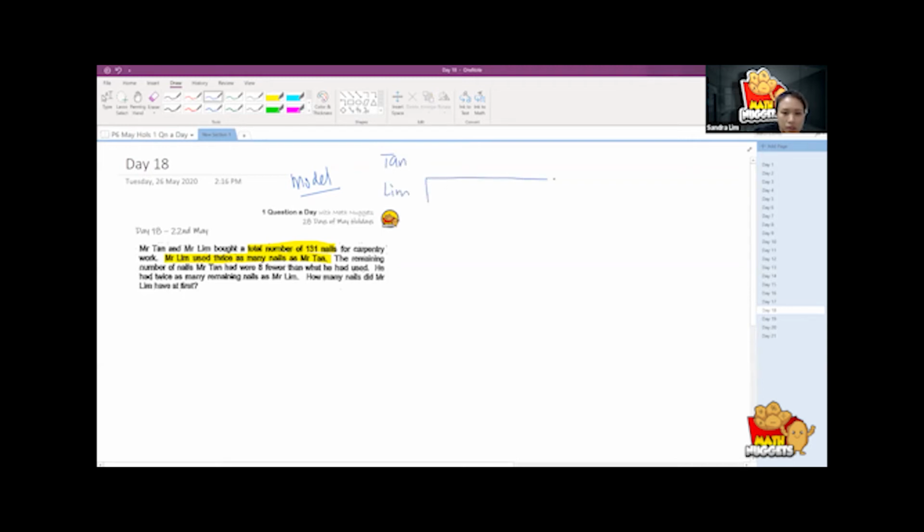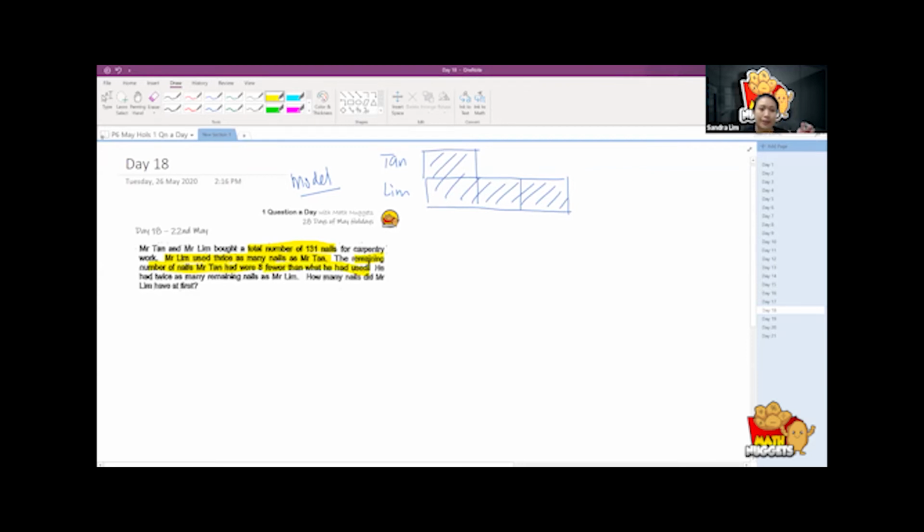Thrice. So Tan is 1 unit. Okay, so this is used. So I'm just gonna shade it to indicate that this was what they already used. Okay. Next, the remaining number of nails Mr. Tan had were 8 fewer than what he used.